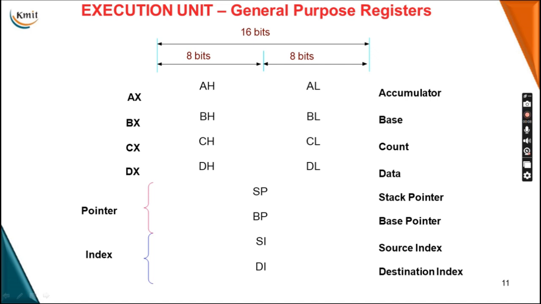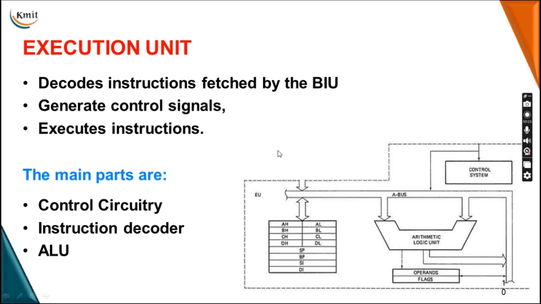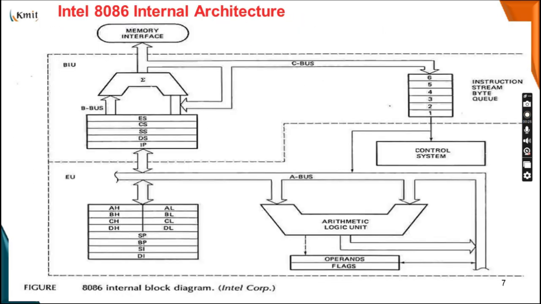Today we are going to study about register organization. Before going into the register organization, just a brief idea of what we discussed in the previous session. We discussed the internal architecture of 8086.